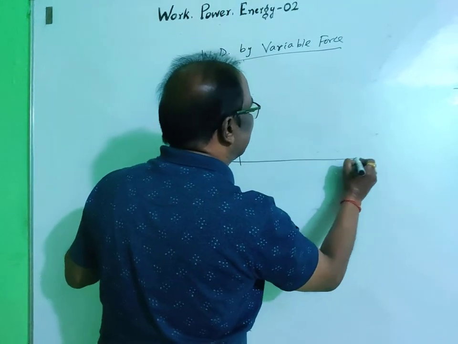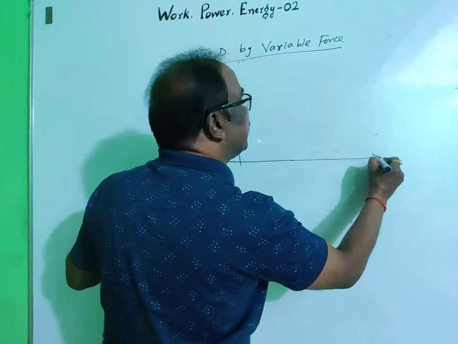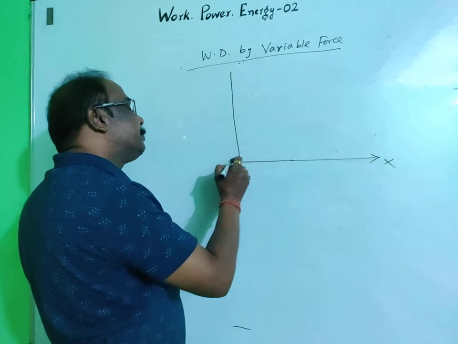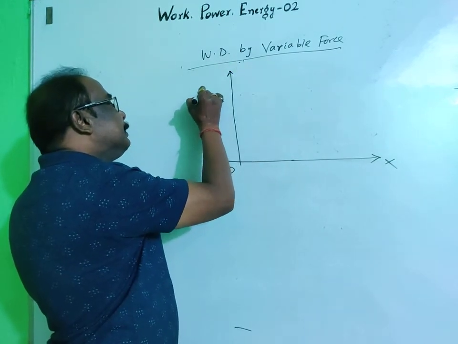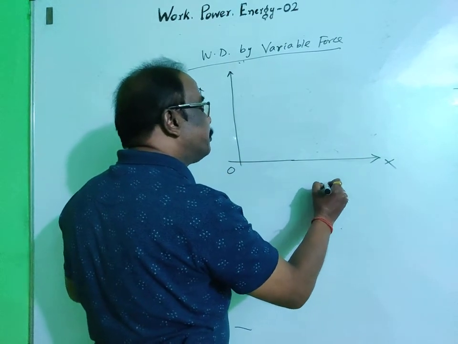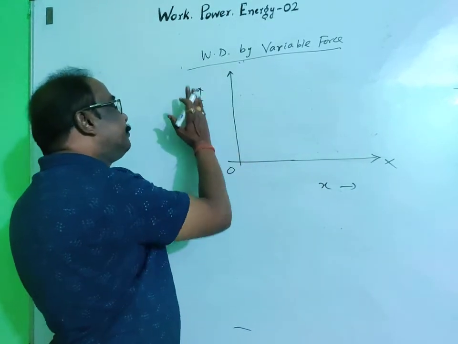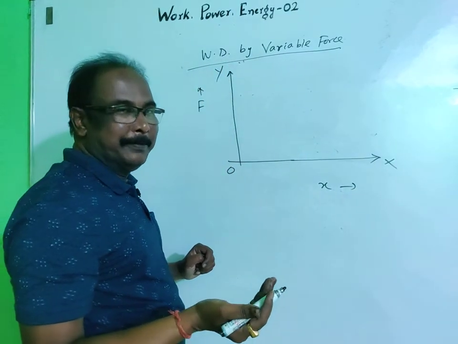Let's represent a graph between force and displacement. Variation of displacement is shown along the x-axis and variation of force, meaning magnitude of force, is shown along the y-axis.